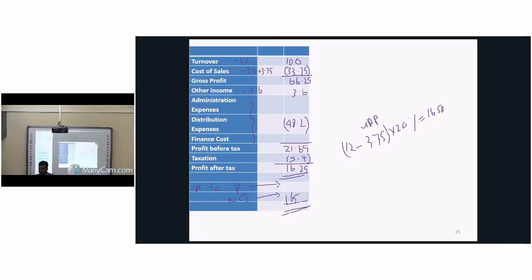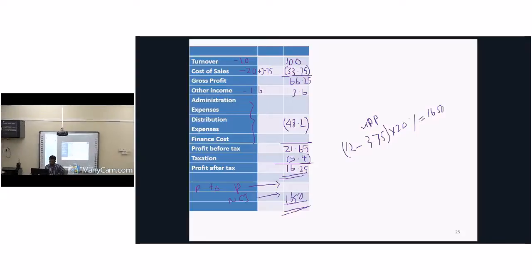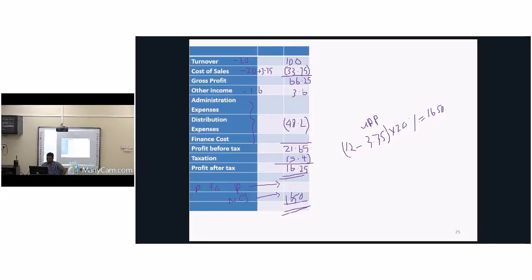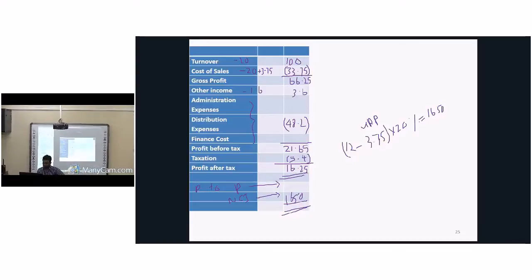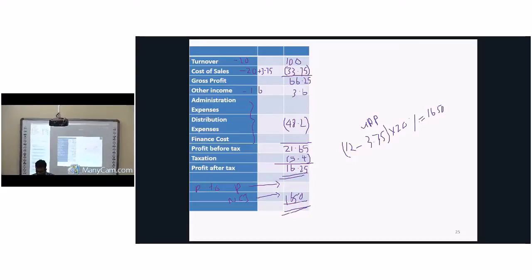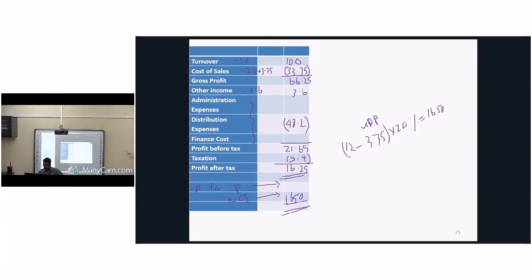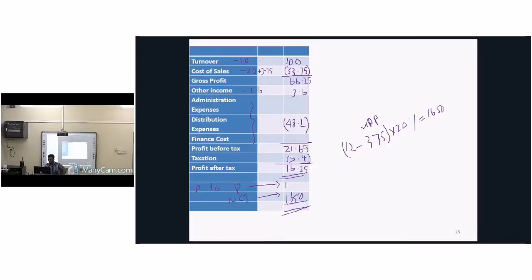In the exam, the balance you can allocate to others. 1,650 is 1.65. That minus 16,250 gives 14,600, which is 14.6.